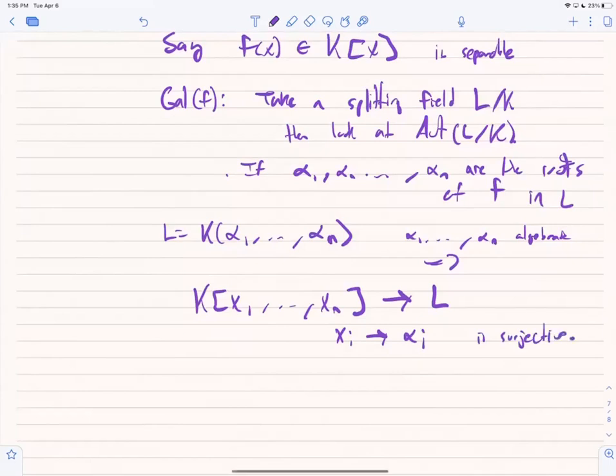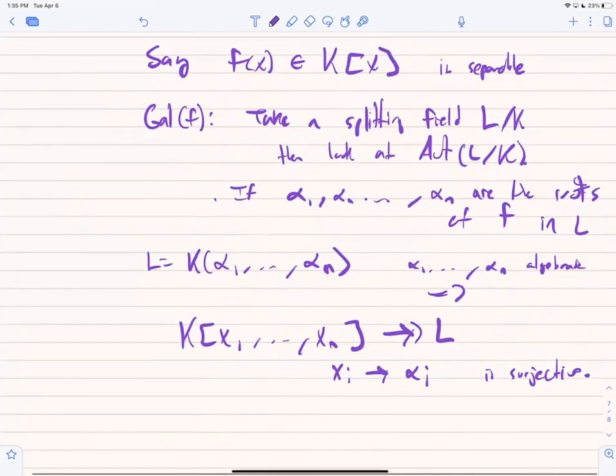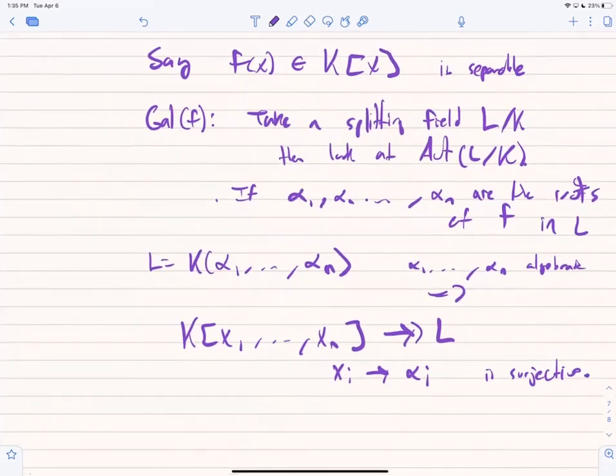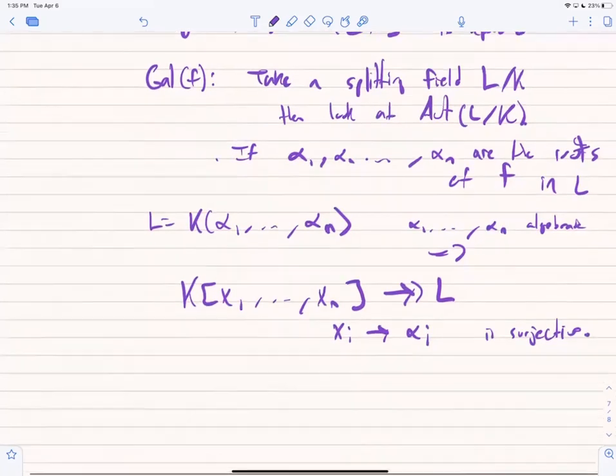Of course, if these elements weren't algebraic, then this would not be a surjective map. Like if you had a transcendental element, this wouldn't be surjective. But we're doing Galois theory, so these alpha are declared to be roots of a polynomial, so of course they're algebraic. And then this map really is surjective.